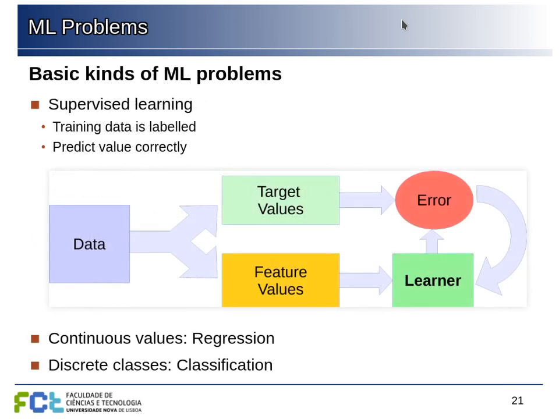Another kind of machine learning problem is supervised learning. In this case, our data contains not only the features, which are those values that we can measure both in the present data and in future examples, but also the target values, which are those values that we want to predict from the features.